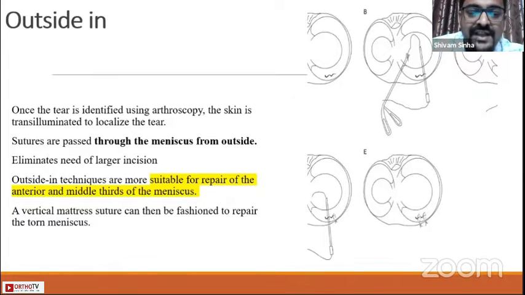In the outside-in, once the tear is identified through transillumination, a suture is passed from outside, retrieved, passed across the meniscus, and tied over the capsular structures so that the meniscus is opposed and reduced. This is suitable for repair of the anterior and middle third of the meniscus.